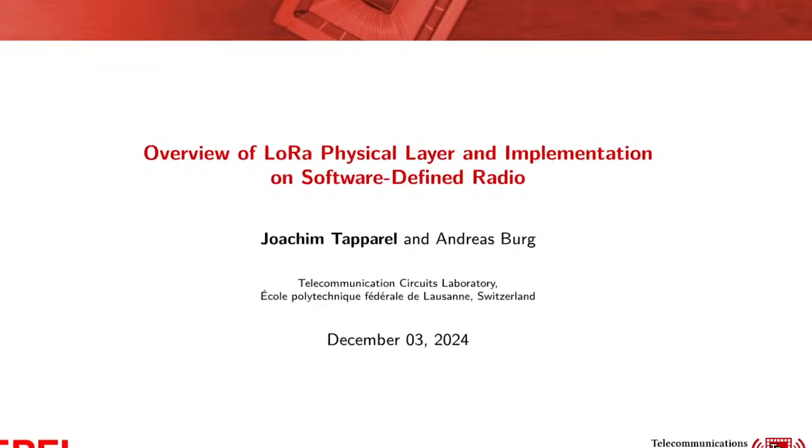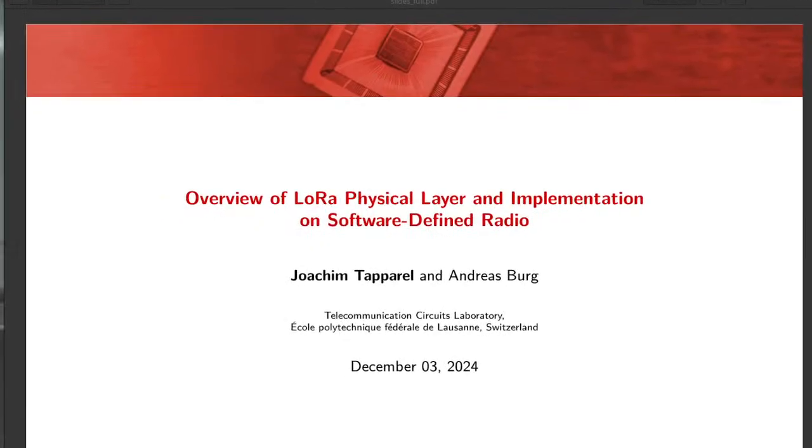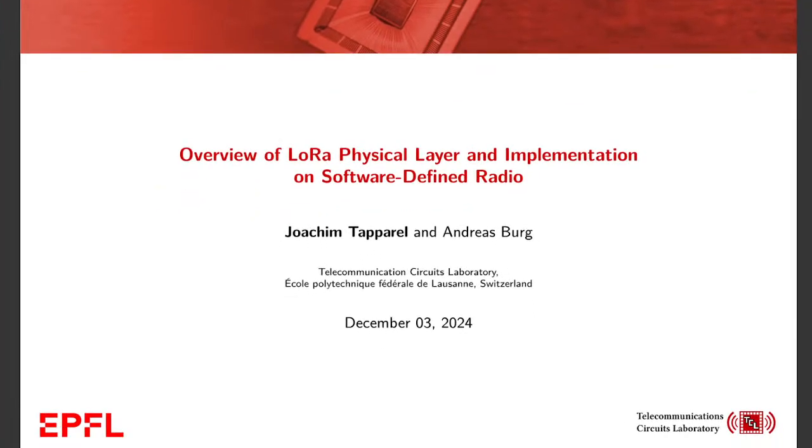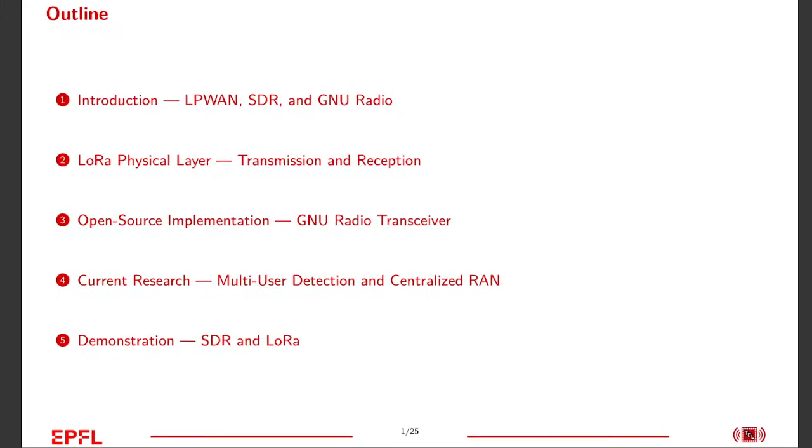Today I will give a short introduction about low power wide area networks, software-defined radio, and GnuRadio. Relatively short, but to have some basic idea of what I'm talking about. Then the main part will be about the physical layer of LoRa, such that ideally at the end of this talk, every one of you has a good idea of what is inside a LoRa transmitter and receiver, and all the parameters that you are familiar with when you are using LoRa to communicate will have more physical meaning to you.